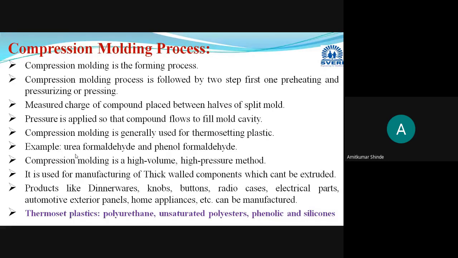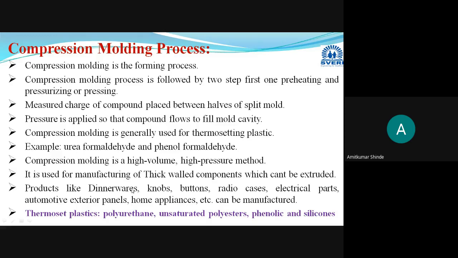The thermoset plastic materials we use include polyurethane, urea formaldehyde, phenol formaldehyde, different types of phenolics, silicones, and unsaturated polyesters. All these thermoset materials can be used to manufacture different components.